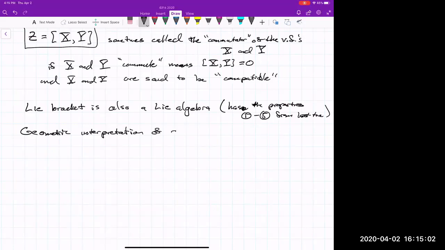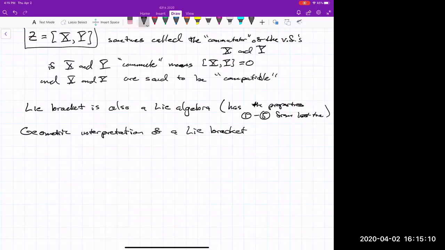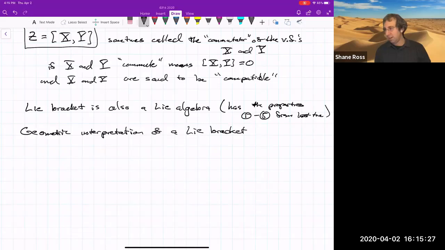A quick question about the relationship between the Lie bracket and the Poisson bracket. Does the fact that the Lie bracket is defined on vector fields end up implying that the Poisson bracket can be defined between vector functions and scalar functions? Or do you have to go component-wise for the Poisson bracket? So the Poisson bracket is defined on scalar functions.